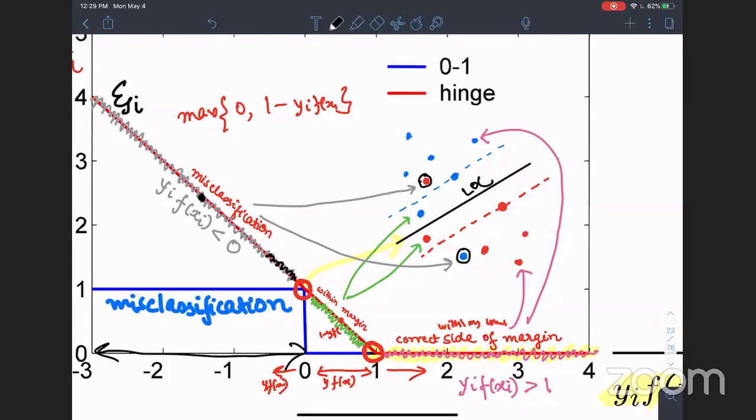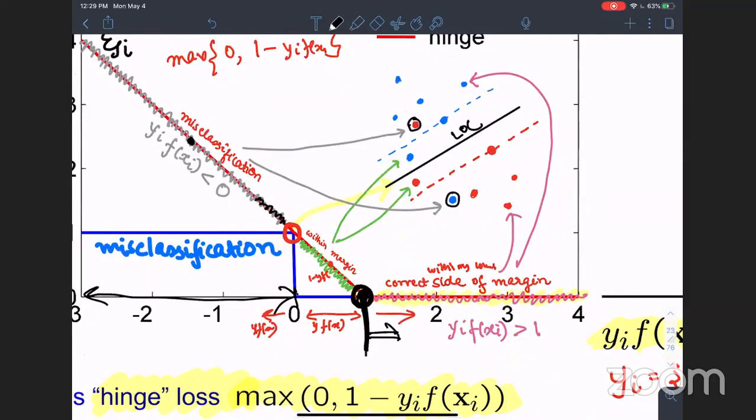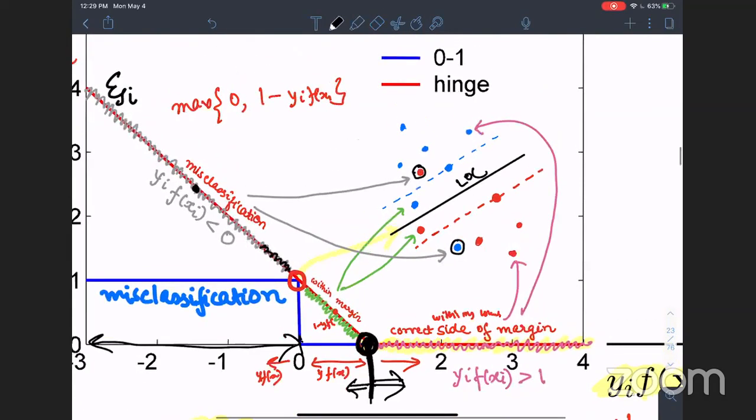So this is a kind of good loss function. Why? Because as you're moving farther away from your own line, this is what you wanted to have. You wanted to be on this side, but now because of some slack, you are allowed to be here. Hence you're accumulating those errors.